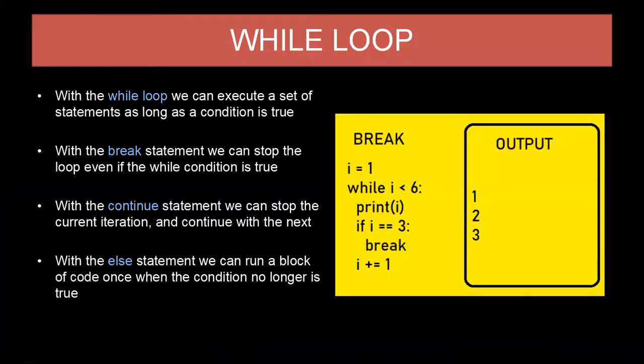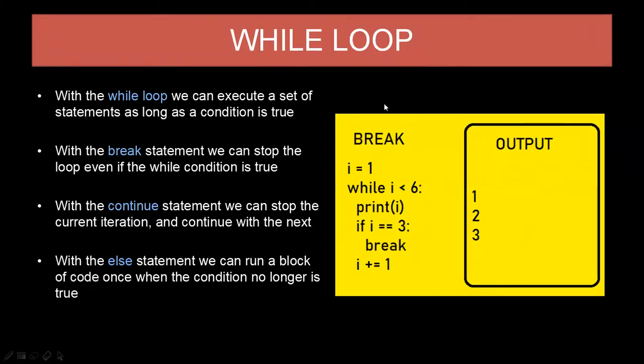Let's run the continue statement. With the continue statement, we can stop the current iteration and continue with the next. If we have i equal to 3, then here we are breaking the loop, so all the next iterations will not work.